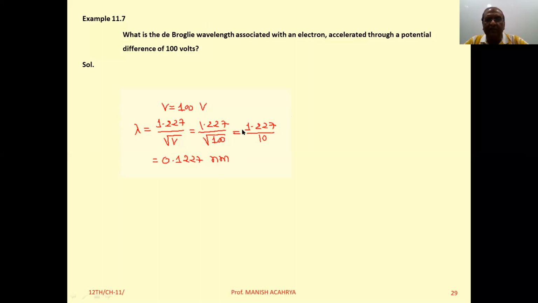You will get 1.227 upon 10. Your answer will be in nanometer. In theory we have written this equation. So your answer is 0.1227 nanometer. Clear to all of you?